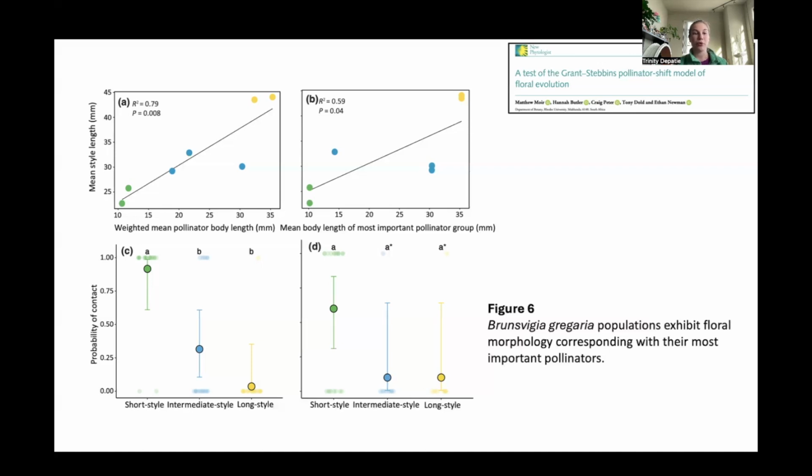And then we also on C and D have the probability of those pollinators contacting the styles of the plants. So remember, these styles differ in length based on ecotype. This is just really good evidence that there is actually selection from the pollinators on each of these different ecotypes.